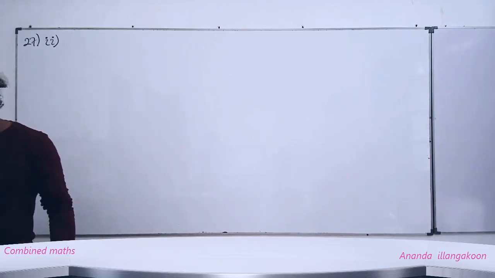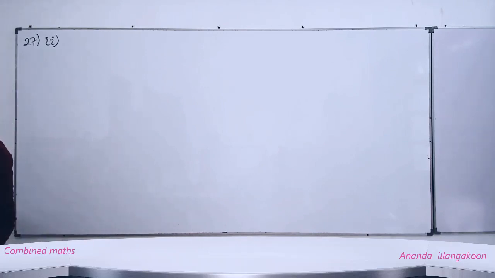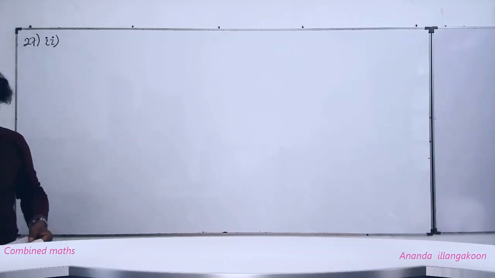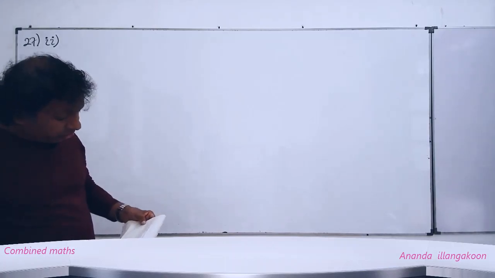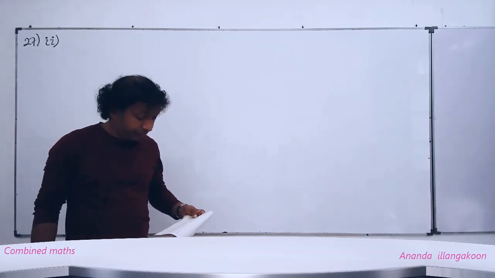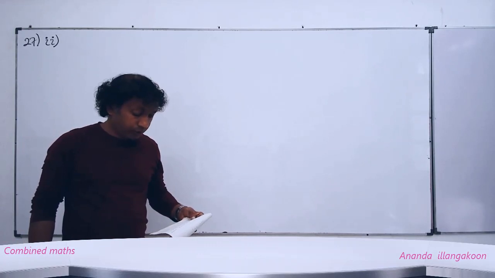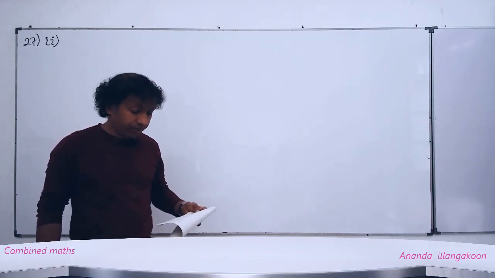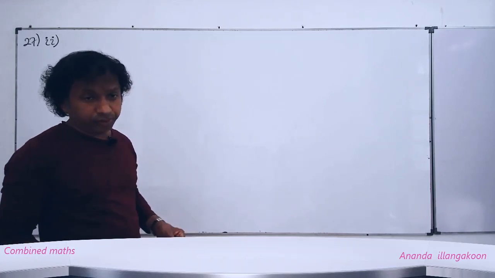Here you are given: let z be a complex number and omega be the cube root of 1. That is given. If mod z minus 1 is less than or equal to 2, and modulus of omega z minus 1 minus omega squared equals A, show that A is less than or equal to 4 and greater than or equal to 0.